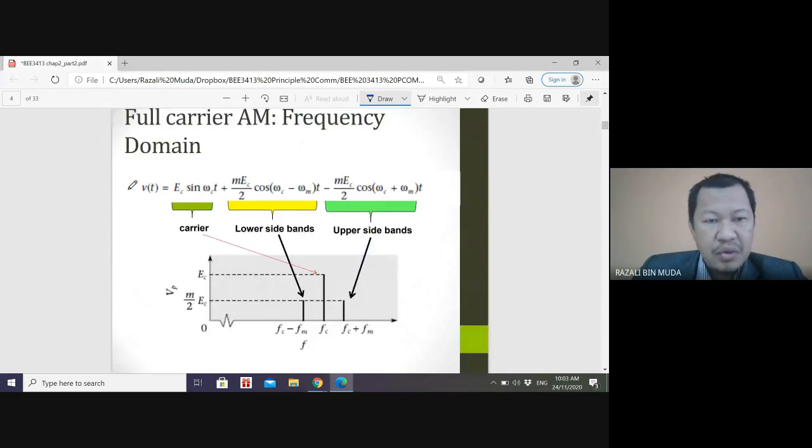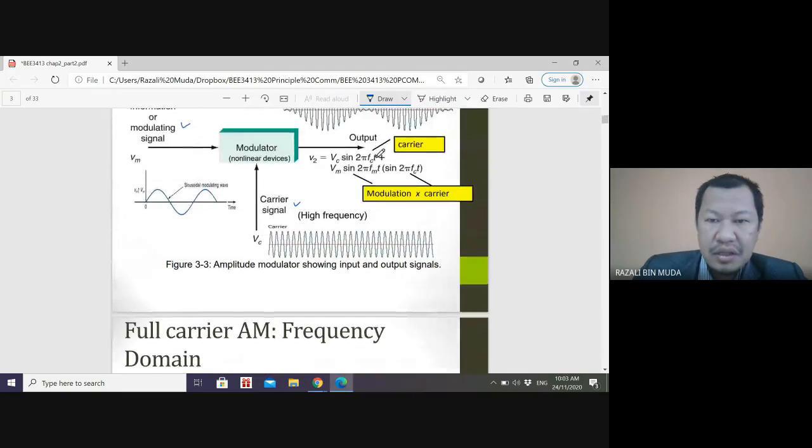Okay, this is the equation for AM signal, where it consists of three parts.